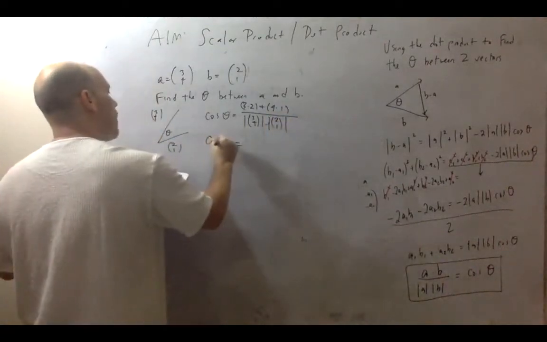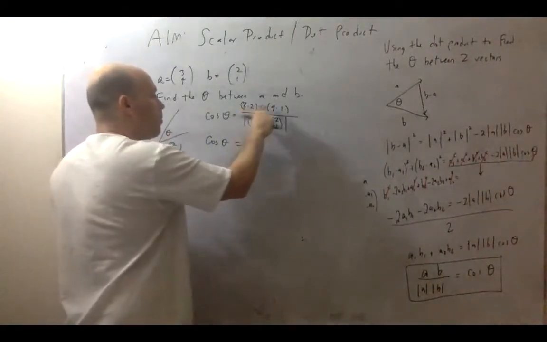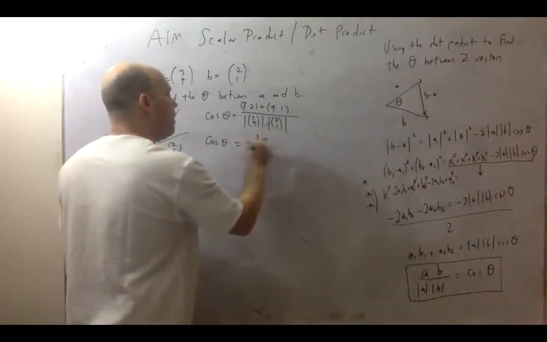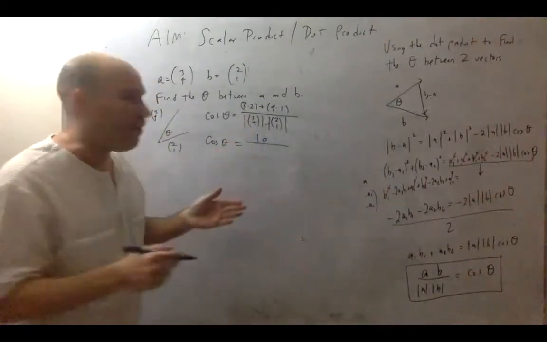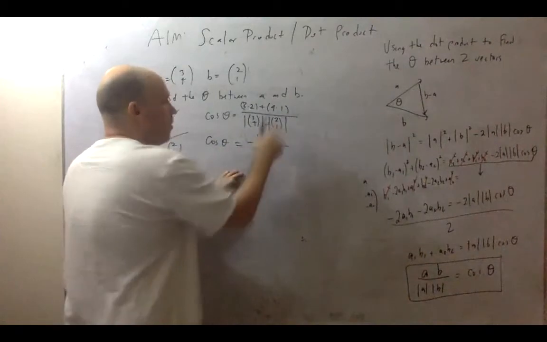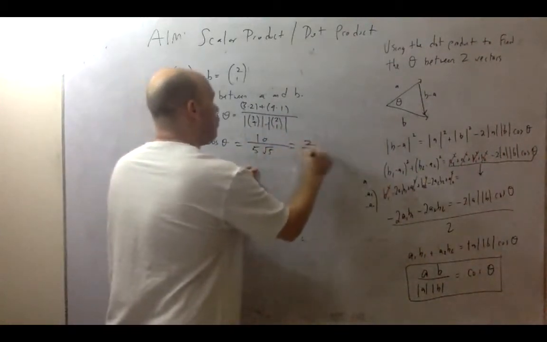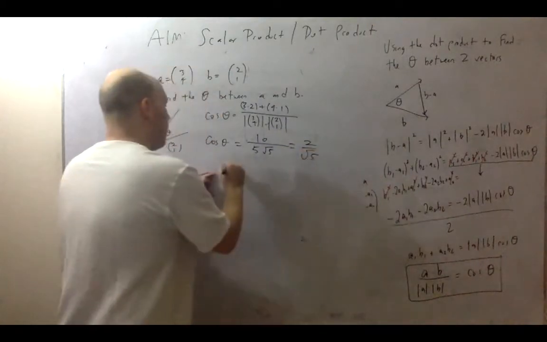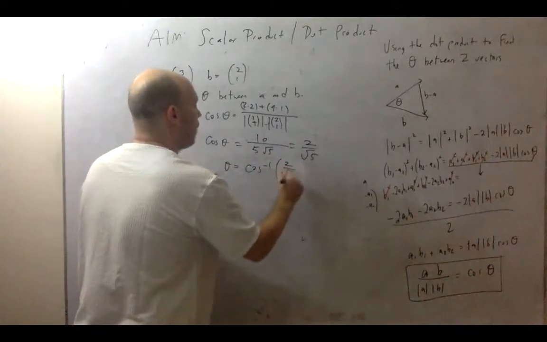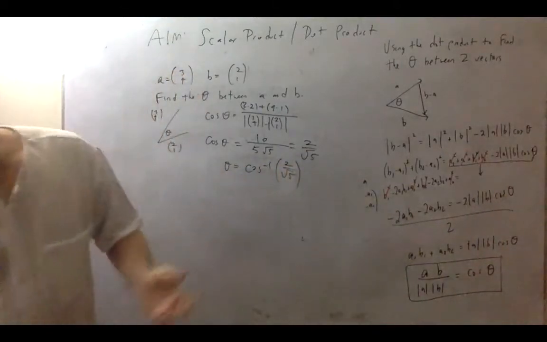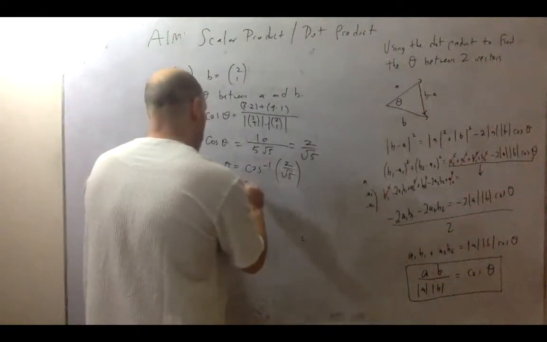Well, let's see, the cosine of theta is equal to 6 plus 4, which is 10, divided by, well, this is easy because the magnitude of the vector 3, 4 is clearly 5, and the magnitude of 2, 1 is the square root of 5. Final answer is 2 radical 5. Theta is equal to the inverse cosine of 2 over radical 5. Put that in the calculator, you get 26.6 degrees.